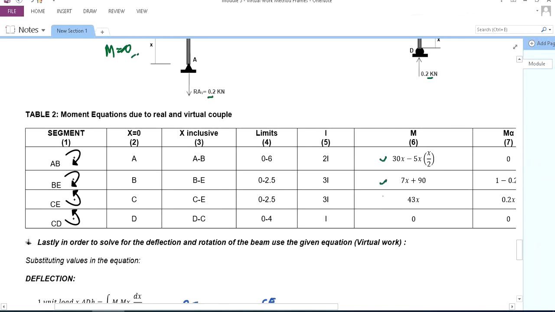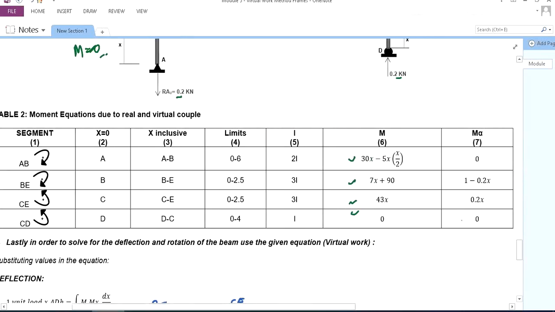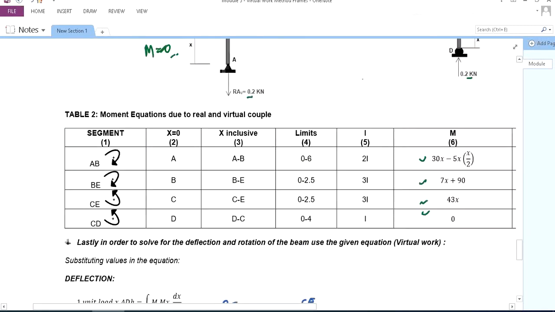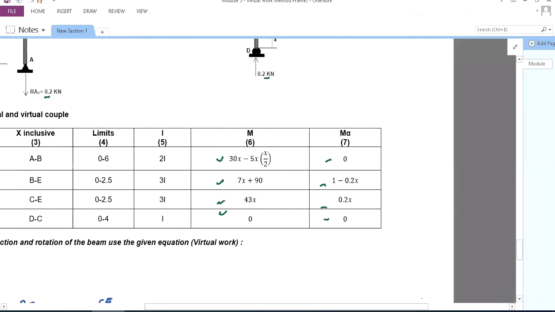That is our moment equation earlier. What we got in the deflection is also our real system, because our cutting planes in the segments are the same. Now these are the equations we solved for the slope. Substituting this value in our virtual work expression, the first, AB and CD, you no longer need to solve because they are 0. When you multiply, 0. CD is also 0. So you only consider BE and CE.